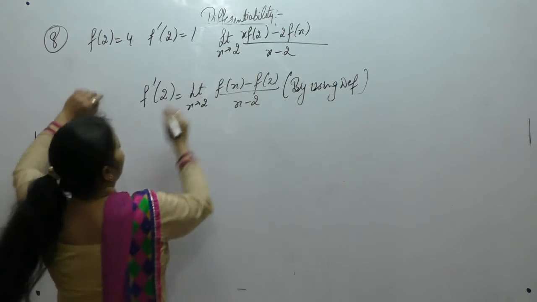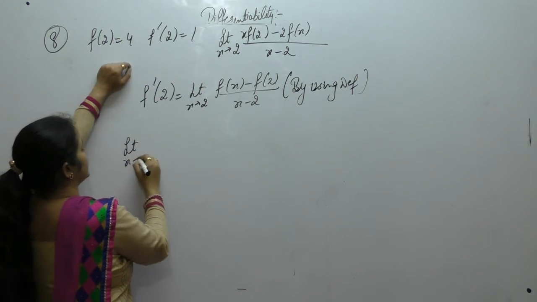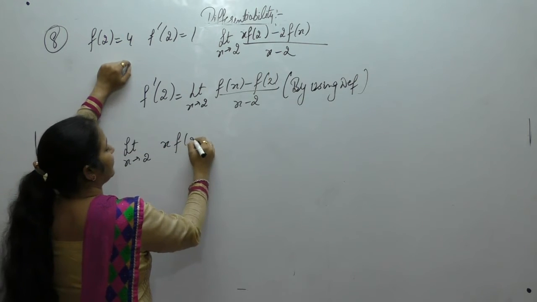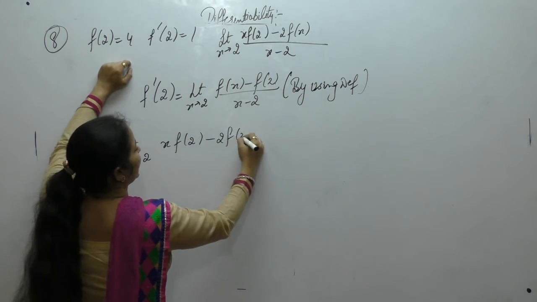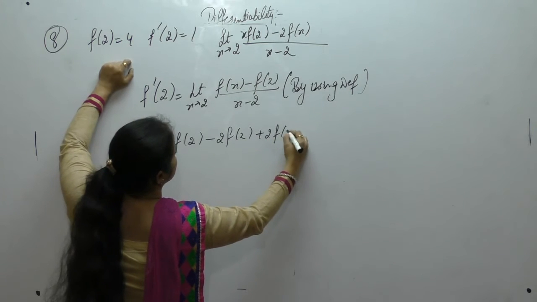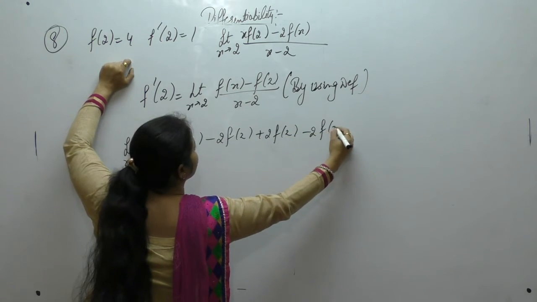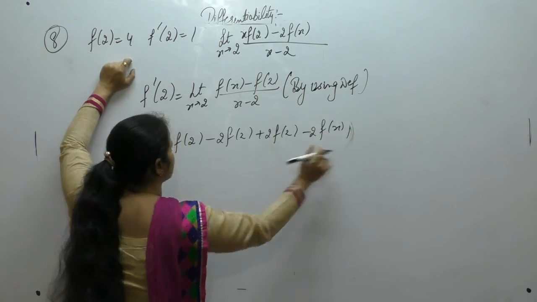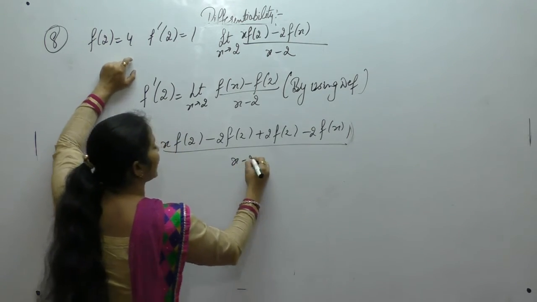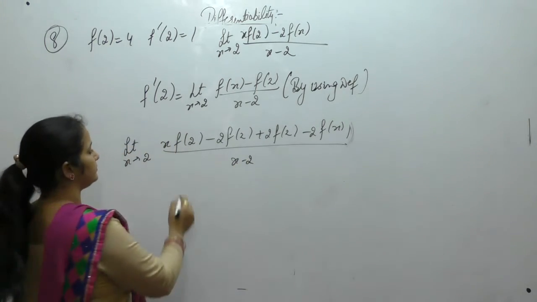now we want to find this, so we can write it as x f2 minus 2f2 plus 2f2 minus 2 f of x upon x minus 2.